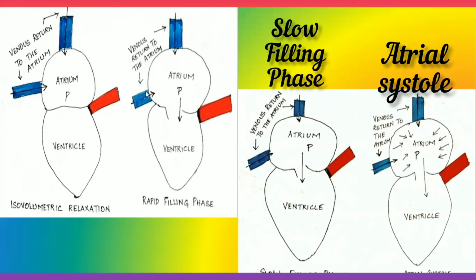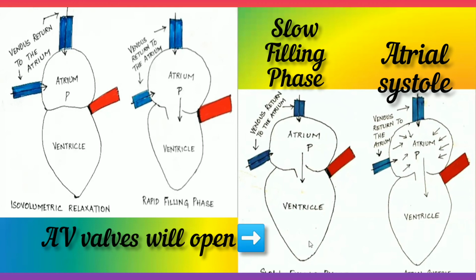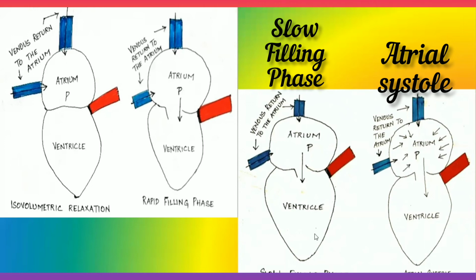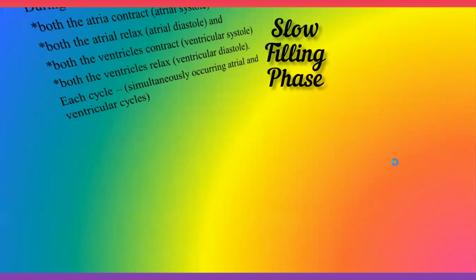What is rapid filling? In the previous events, what will happen in the atria? The venous return will be coming into the atrium, so pressure will be more. Because of high pressure, the AV valves will open and the blood from the atria will come into the ventricle. So this is rapid filling and this is slow filling. Coming to the atrial systole, it is nothing but the contraction of the atria.